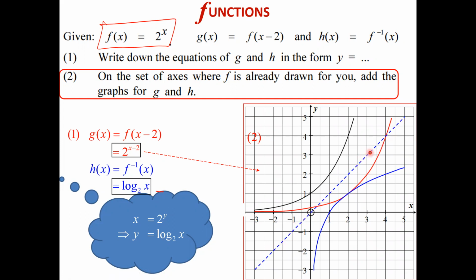You don't have to draw that line in. But once again, 1 on the y-axis moves to 1 on the x-axis. And if we pick a point (1, 2), that point will become (2, 1) in the inverse. And your black graph had the asymptote, which is the x-axis, that becomes the y-axis.